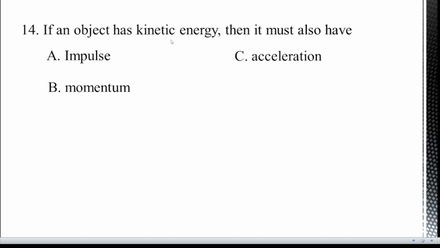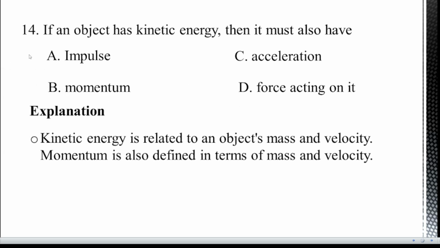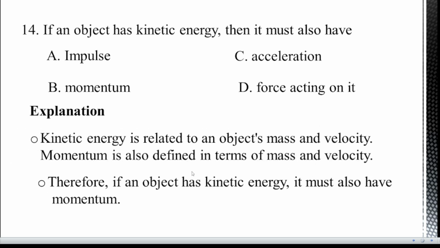Impulse, momentum, acceleration, and force. So the answer is momentum. Okay, look at the explanation. Kinetic energy is related to an object's mass and velocity. Momentum is also defined in terms of mass and velocity. Therefore, if an object has kinetic energy, it must also have momentum.